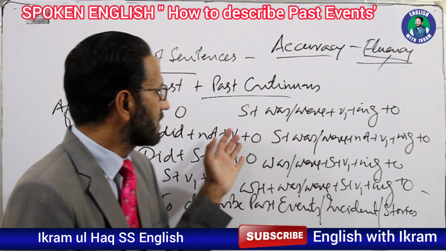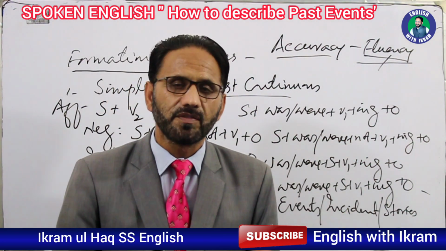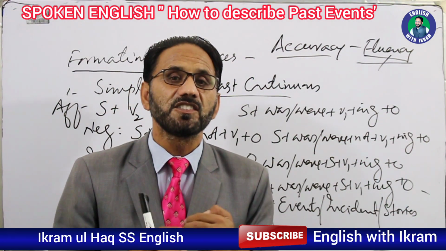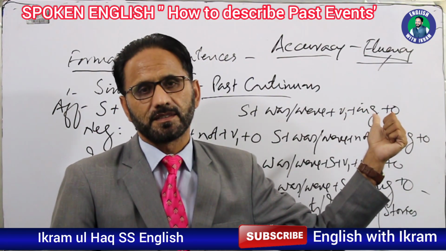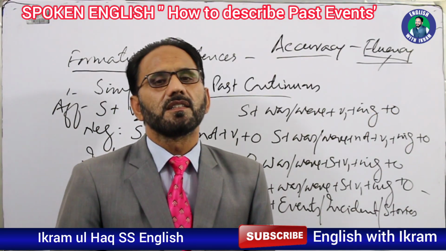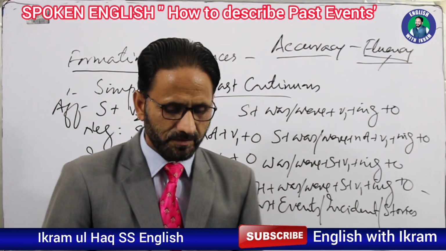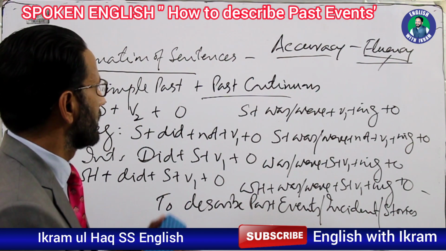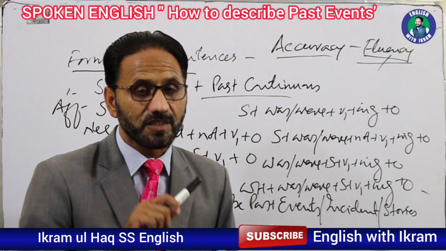Just practice this structure for 1, 2, or 3 or 4 events. After 3 or 4 events, you will start speaking fluently. Because fluency is all about practice. As I have told you, the more you speak, the more fluent you become. It's very simple. So this is the structure, as I have given you the structure, and I have already discussed the structure of all the tenses.